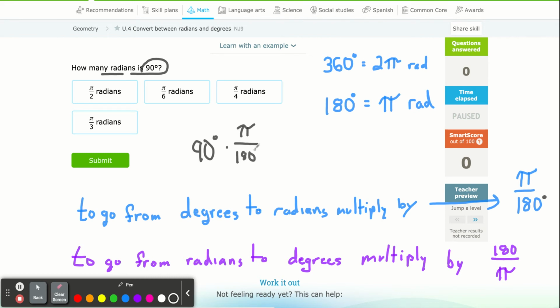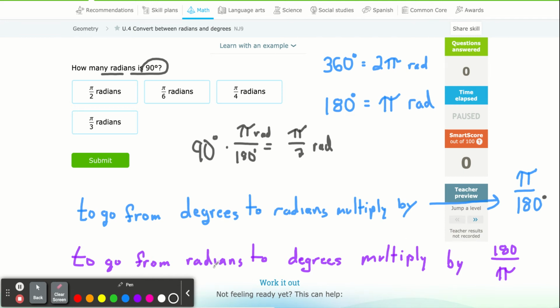Then we reduce or cancel. 90 goes into 180 twice, and we're left with pi halves radians. Because these are radians and those are degrees, the degree symbols cancel, leaving pi halves radians. It would be this one right here.